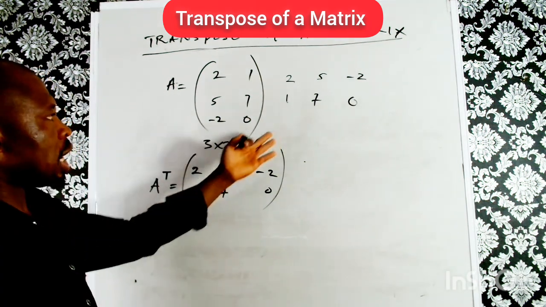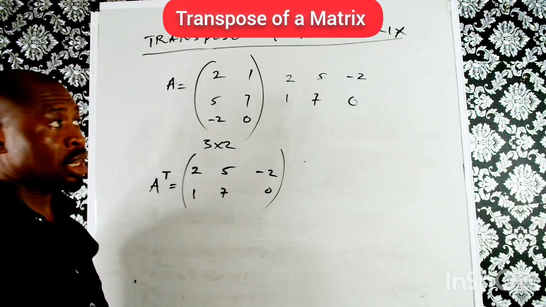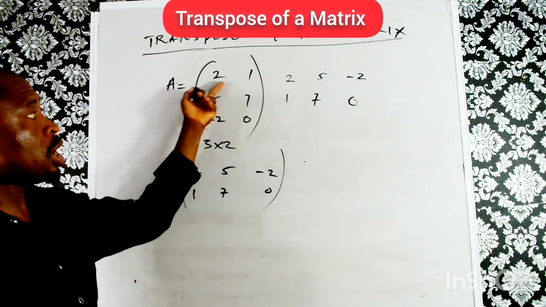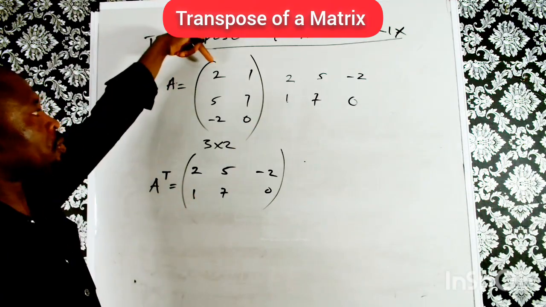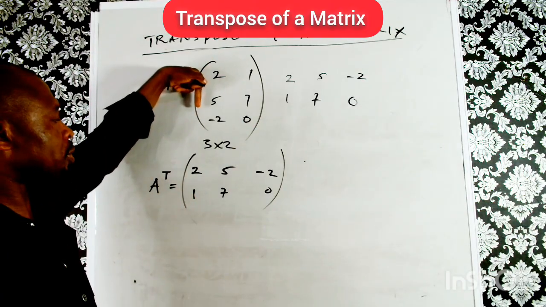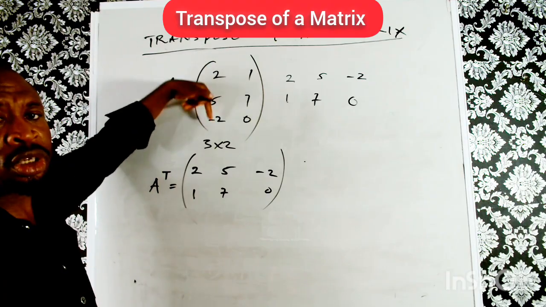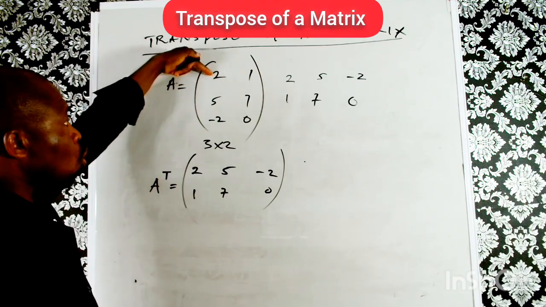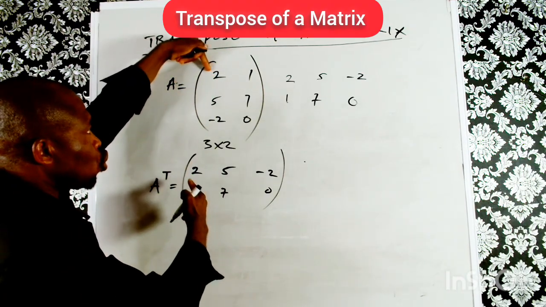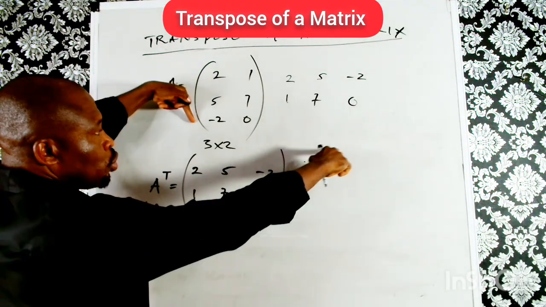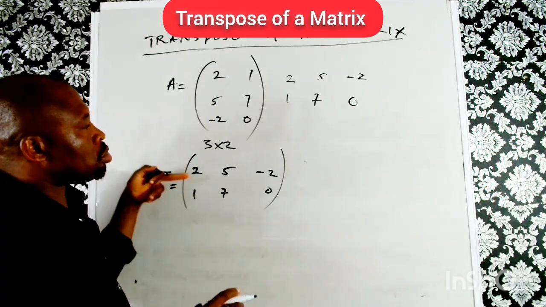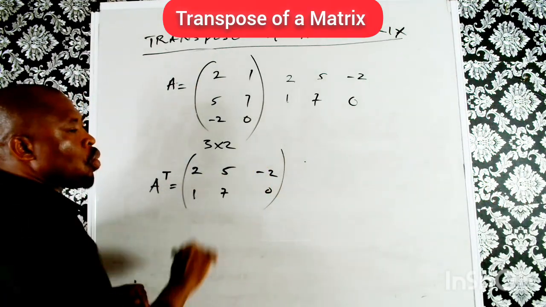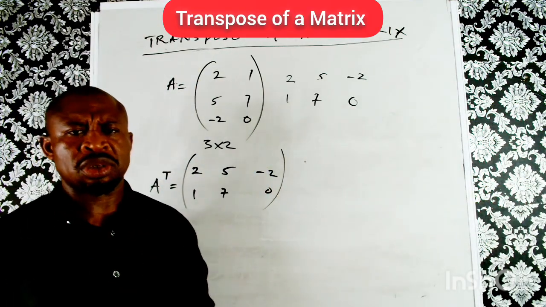So look at this and this, they are the same thing. In this one, I took the rows first, whereas in this one, I just transposed the columns. Pick the columns one by one. Whatever you have here, as you go down, it will be going to the rows. Simple. Change the column into a row. That is what transpose is all about.